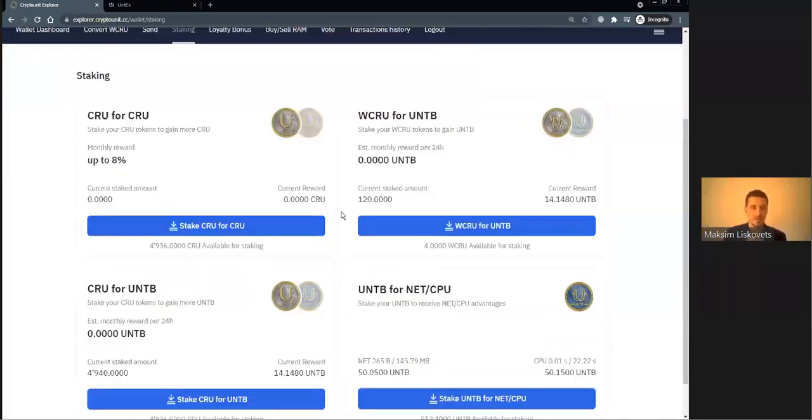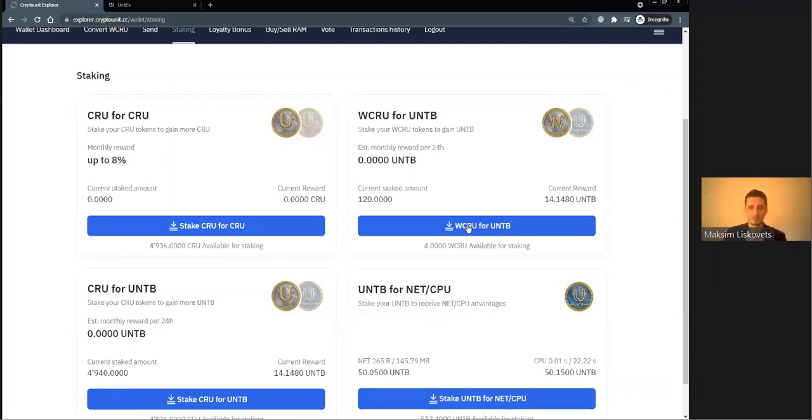And here you will find several options that you can use. You may convert World CRU for UNTB, or you may stake CRU for UNTB, and you may stake UNTB for net and CPU, and a bit later we will discuss it.